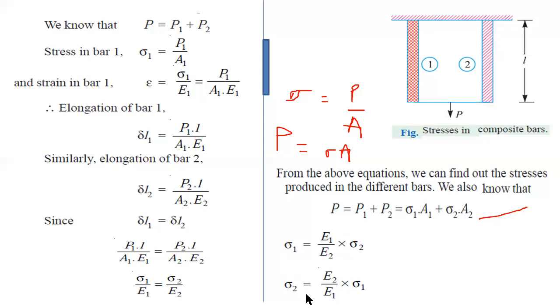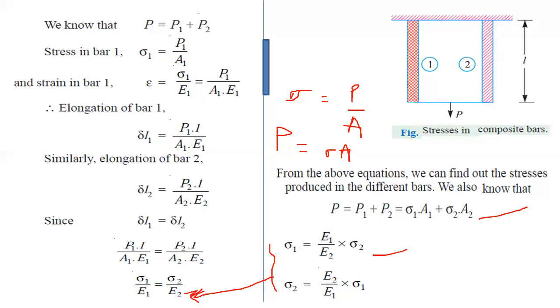Similarly for sigma 2. These two are obtained from this relation, so observe carefully. Moving E1 to the right side, sigma 1 equals E1 by E2 into sigma 2. Similarly, sigma 2 equals E2 by E1 into sigma 1. These two formulas are obtained from this equation.